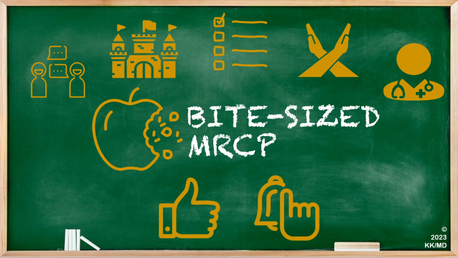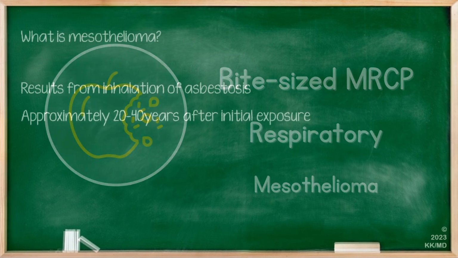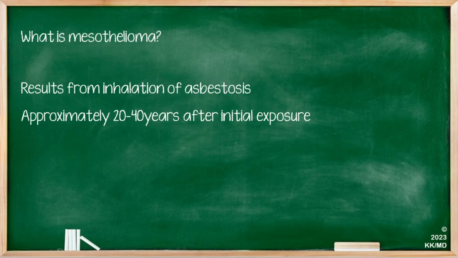Now, without further ado, let's get into today's topic, which is on mesothelioma under the section of respiratory medicine. So what is mesothelioma? It results from inhalation of asbestos and approximately occurs about 20 to 40 years after initial exposure.